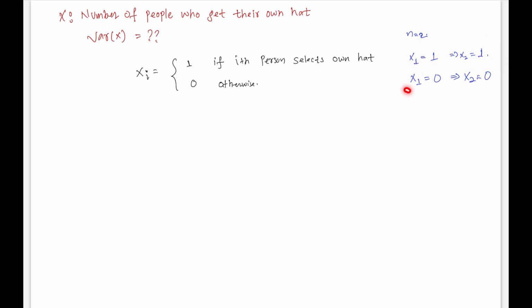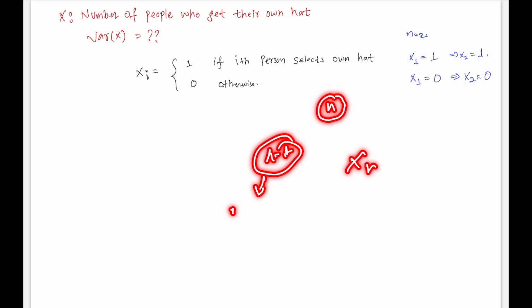In general, let's say for the case of n persons, if I tell you that n minus 1 persons have got their own hat back, then you will be able to tell about this random variable xn.